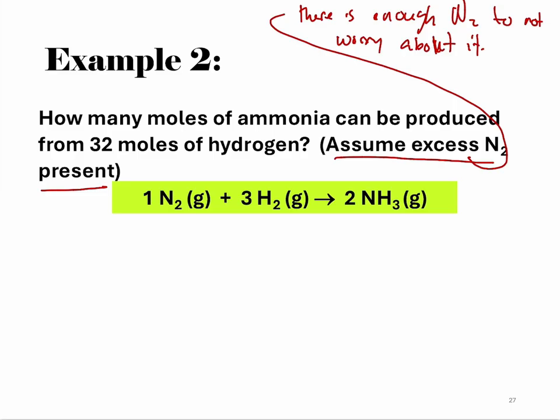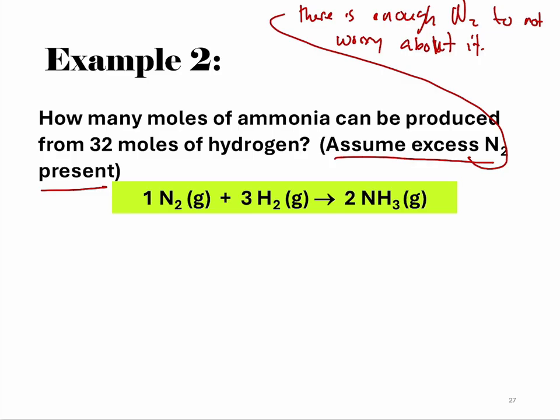That just means you have so much nitrogen that it's really the hydrogen that's limiting how much you can make. We'll talk more about limiting reactant next week. It's saying we have so much nitrogen that how much ammonia we can make is limited by the amount of hydrogen that we have.